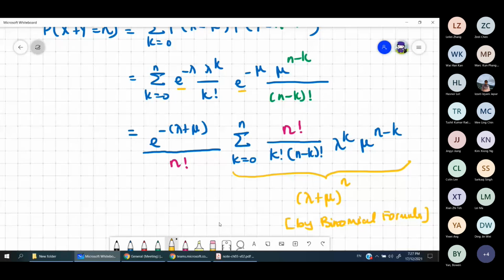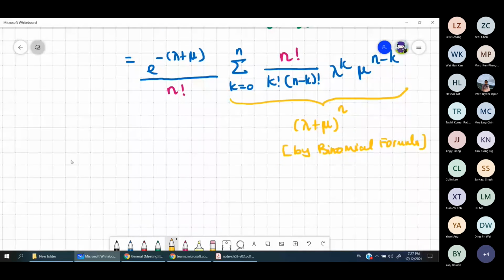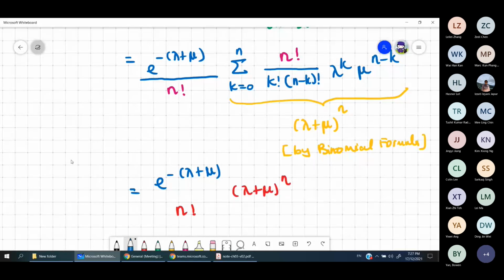So this thing will end up being e to the minus (lambda plus mu), over n factorial, times (lambda plus mu) to the n. There is a typo over here, so please make a correction: this will be n instead of k.